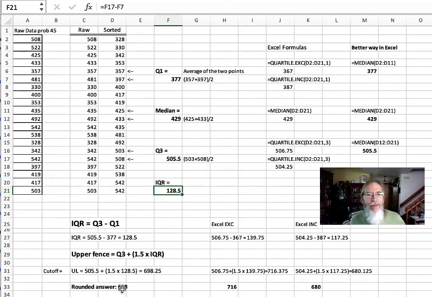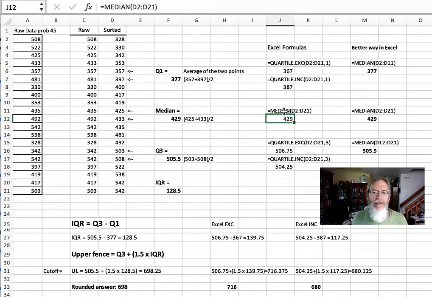Okay, I know how to do it manually, but let's do it in Excel. If I type median and select the data from 2 through 21, I get 429. And again, you can see the formula. I just simply typed it in. I put the formula above the cell because that way I know this number was gotten by doing median.